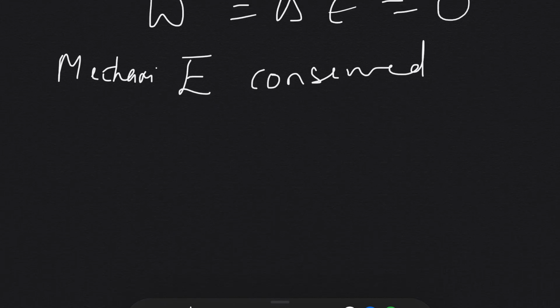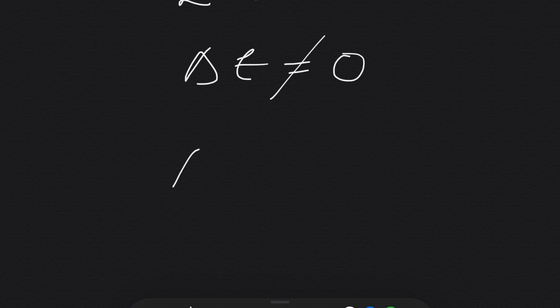Then E is conserved. But if we do have a non-conservative force, then we can't say that delta E is equal to 0. That's not true anymore. The change in energy is actually equal to the work done due to non-conservative forces. All right? So that's that.